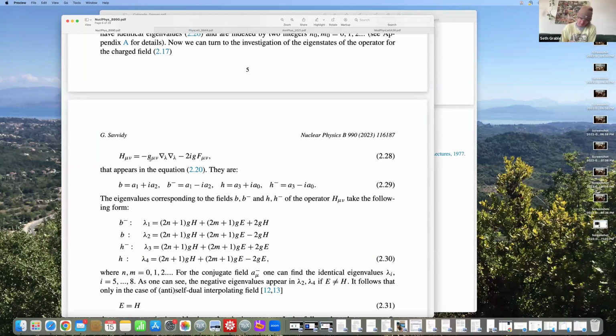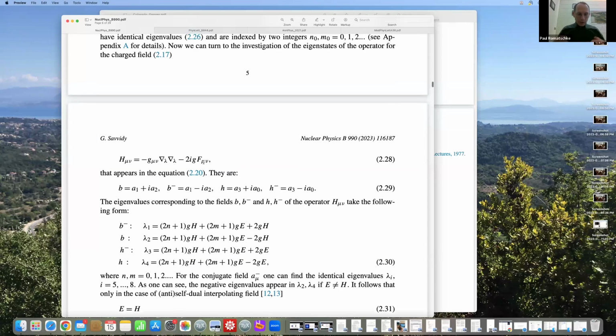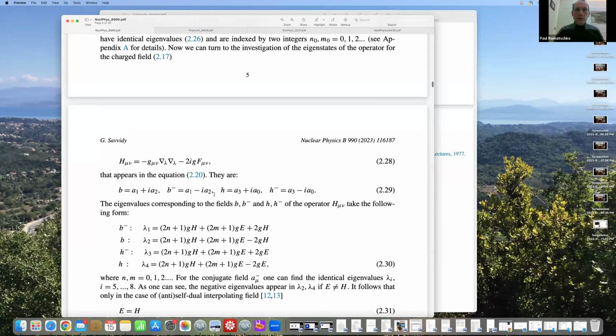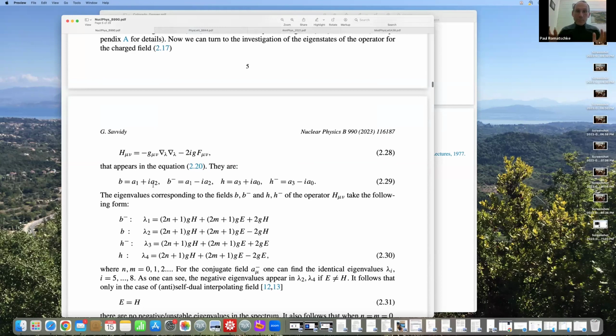No worries. I have a question precisely on this point, equation 228. This is your operator, and then in 229 you decompose your fluctuation field, A mu, by components, very explicitly: A1 plus i A2, and so on. I think this is for SU(2).